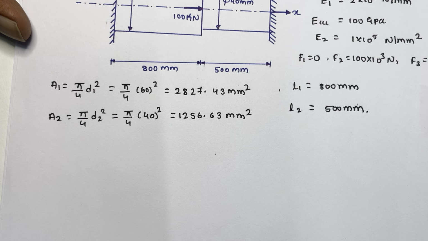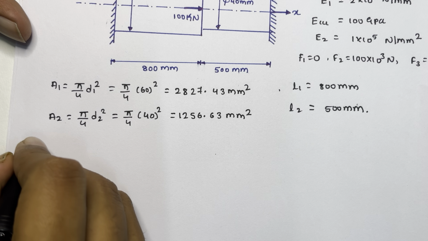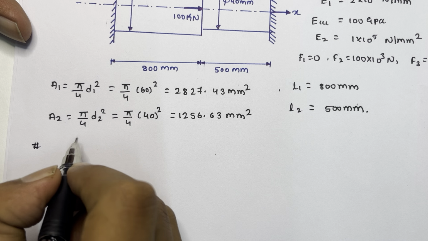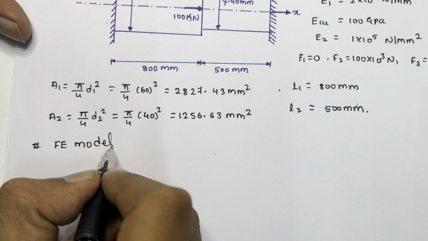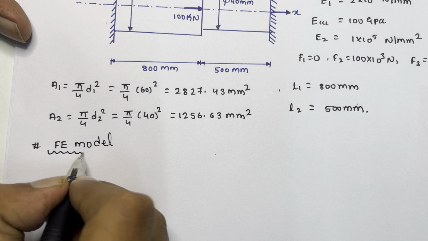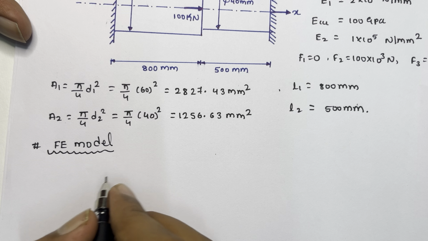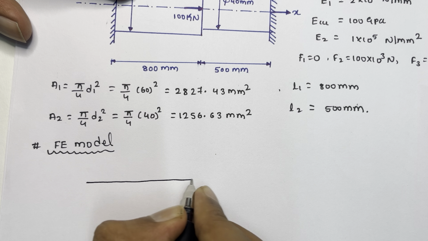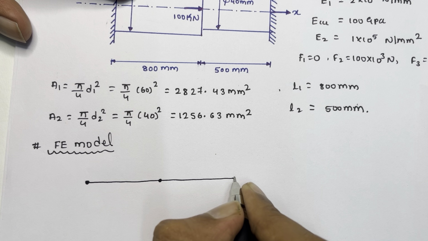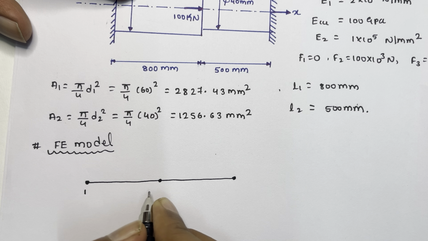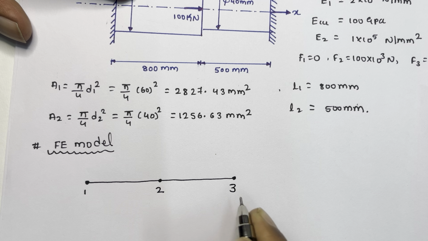Okay, so in this problem the first step is to create the FE model, that is the finite element model. So first I will draw the line and I will mark 3 nodes. This is node 1, this is node 2, this is node 3.